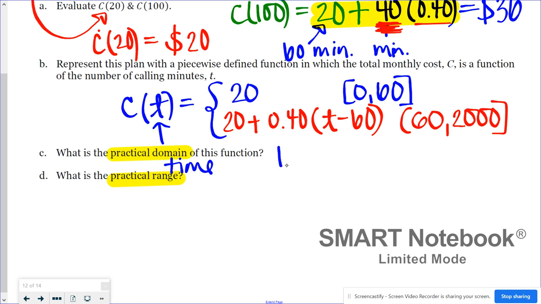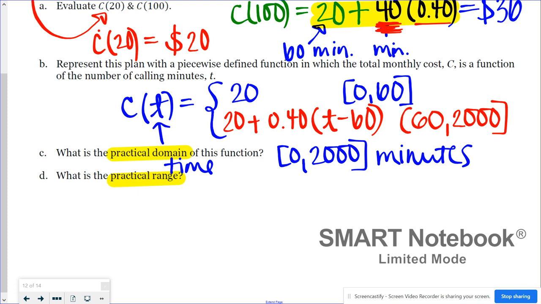We said there was a low time of 0 minutes and a high time of 2,000 minutes. So that would be our practical domain, because we're talking about what is practical to this situation.